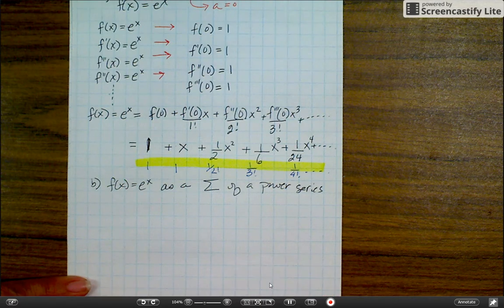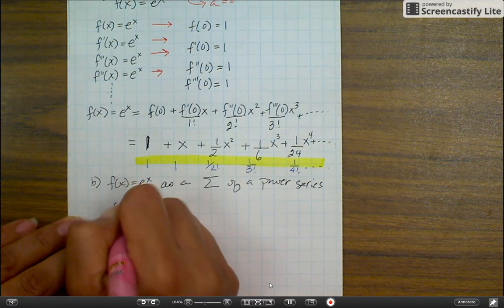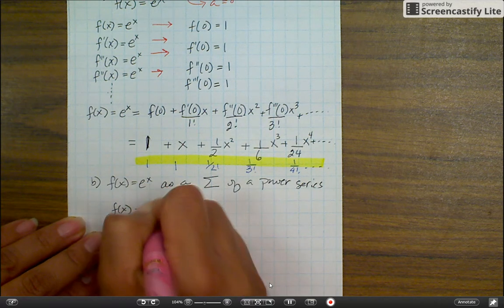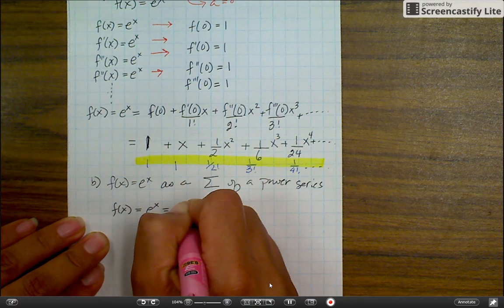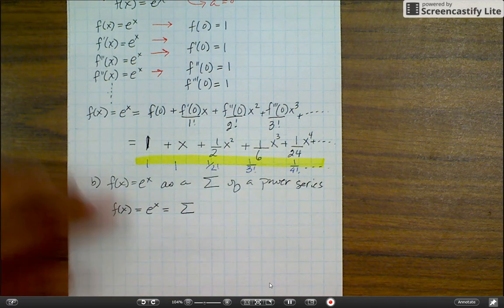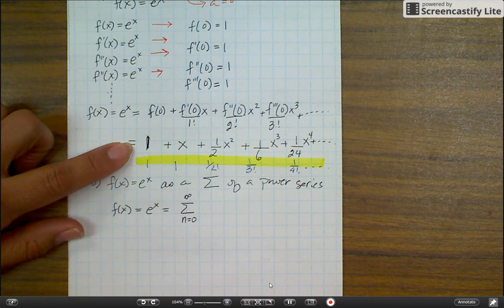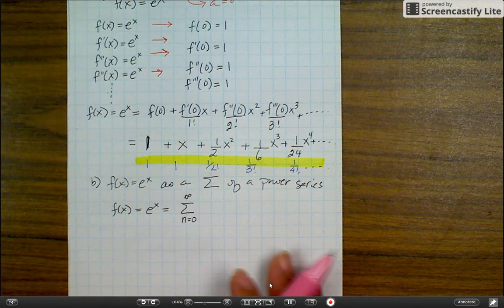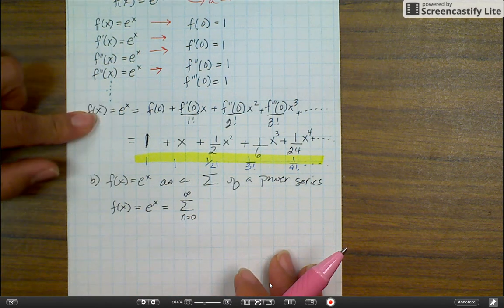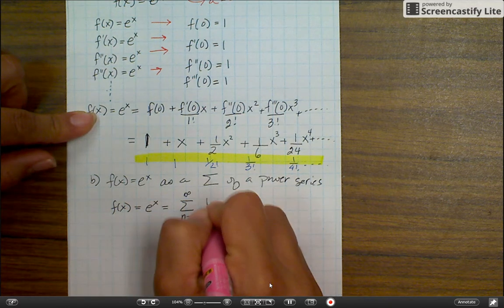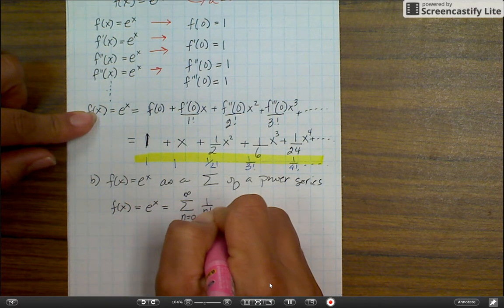So that means then that f of x equal to e to the x is equal to the sum n equal to 0 to infinity. What are my unique coefficients for this power series? 1 over n factorial.